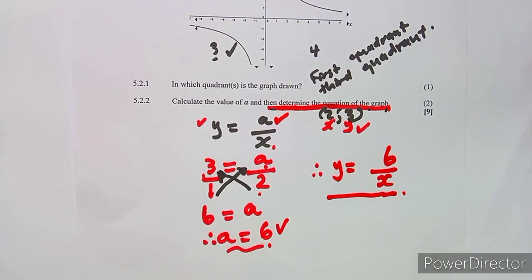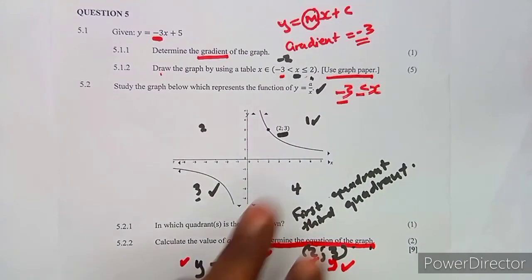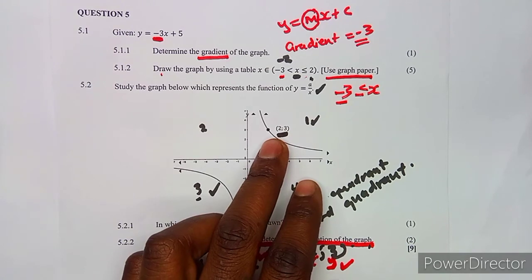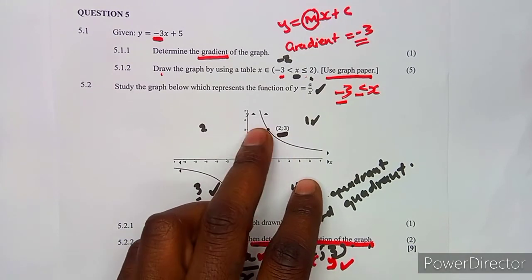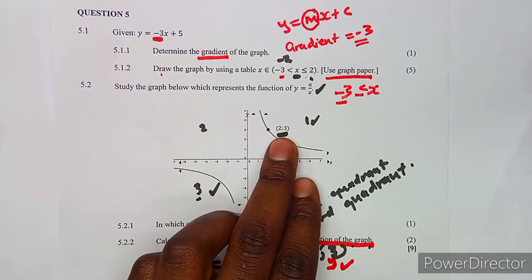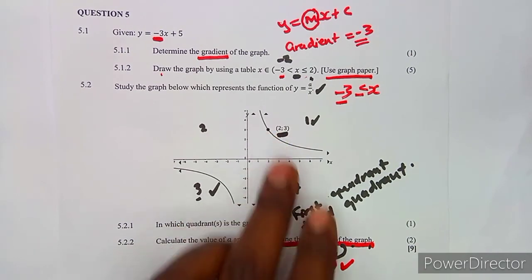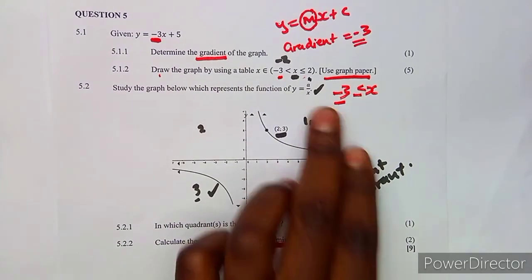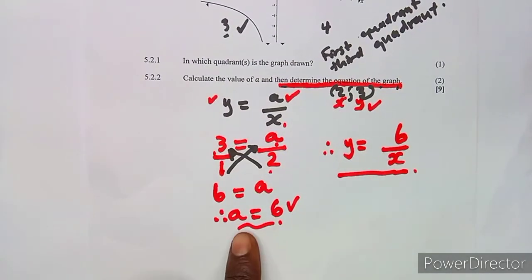So these are the two things that we are being asked to calculate, the value of a and the equation of the graph.